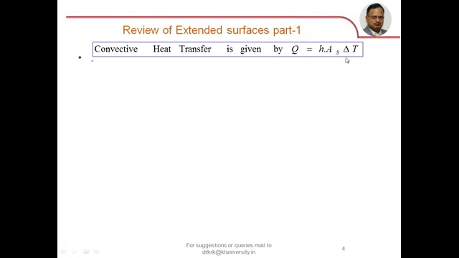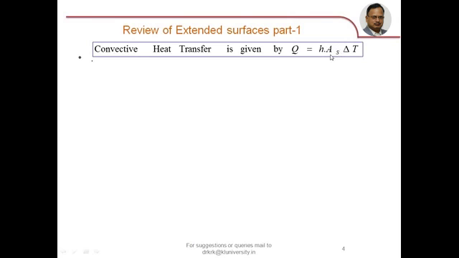The objective of improving the heat transfer from the surface is to reduce the T_s, hence we can't touch this ΔT. h is a complicated one which will be decided by the capacity of the surrounding fluid. So we have very limited chances to improve this h.